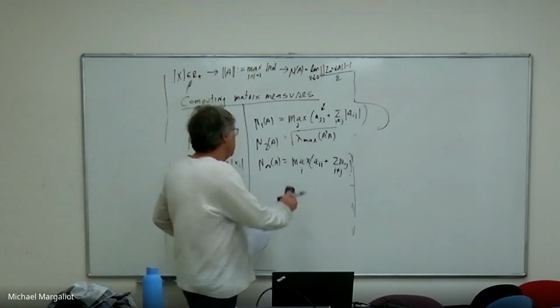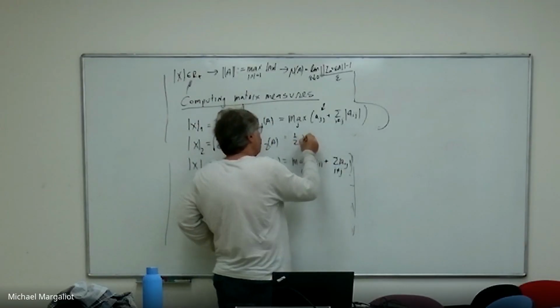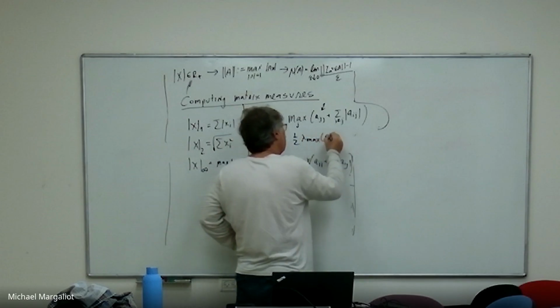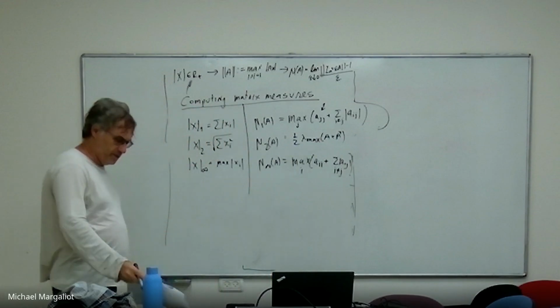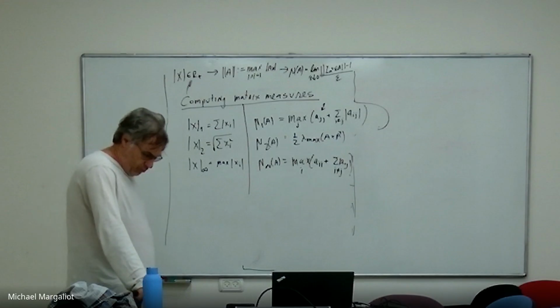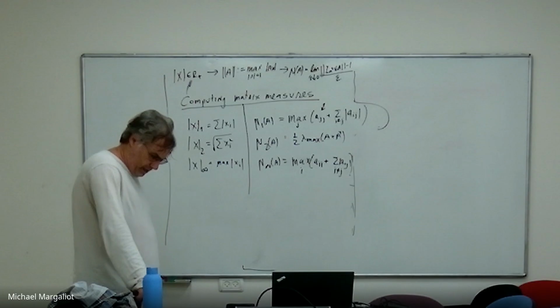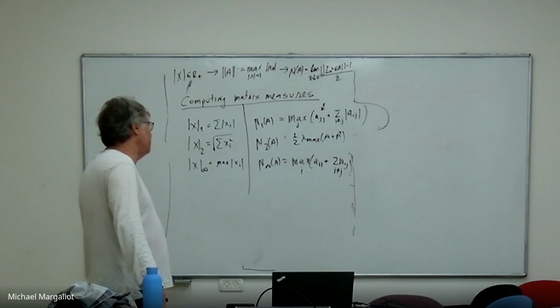And here, I get 1/2 lambda max of A plus A transpose. And again, this can be negative. A plus A transpose is always a symmetric matrix, and I look at all the eigenvalues, which are all real. I look at the maximal eigenvalue and divide by 2. Of course, this can be negative.